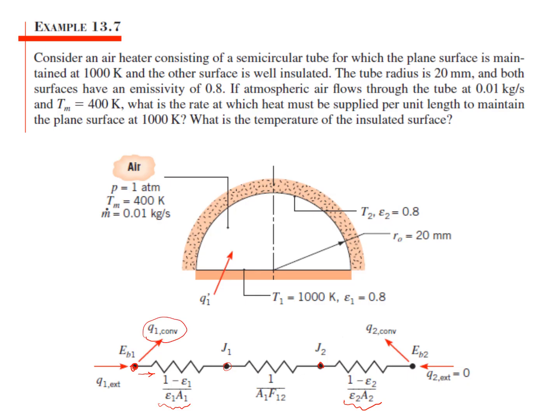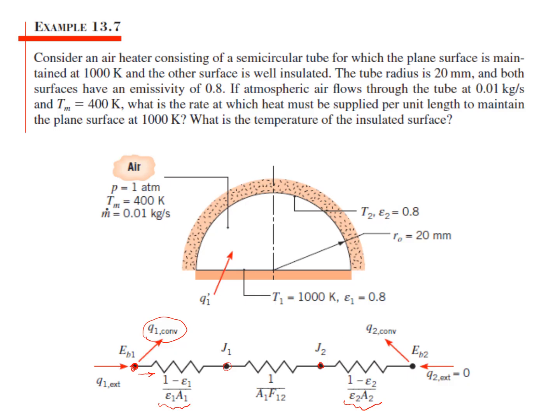So I know that there's convection from surface 1 to the air, but how about surface 2? So if surface 1 is sitting at 1000 degrees Kelvin and the air is at 400 degrees Kelvin, unless my surface 2 is at 400 degrees Kelvin, there is going to be convection heat transfer from surface 2 to the air as well.